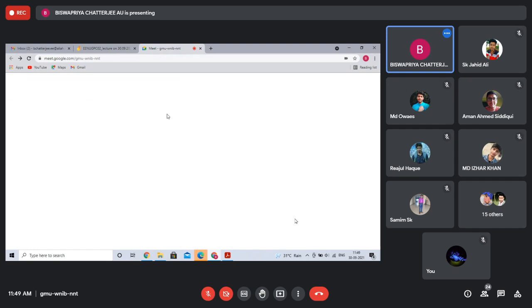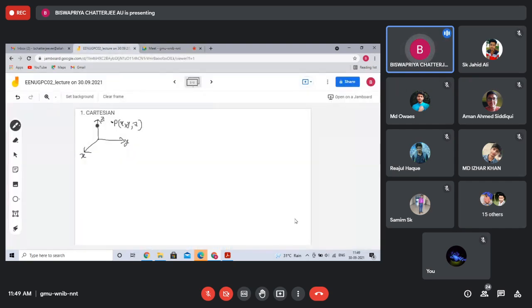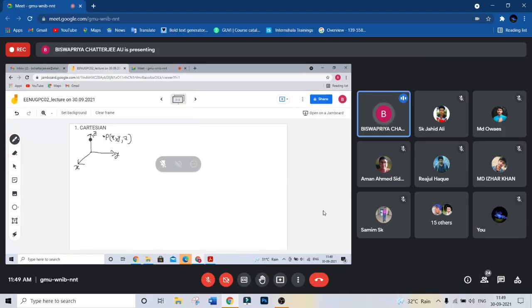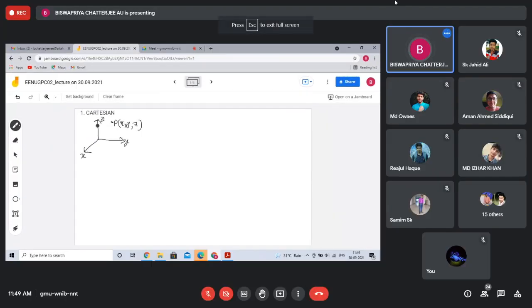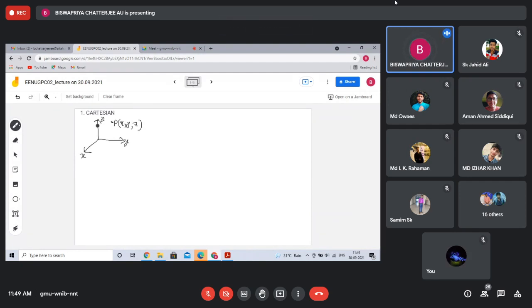So I repeat my statement. Differential line elements are the differential line segments along the respective directions, like x, y, z in the Cartesian system, like r, phi, z in the cylindrical system, and like r, theta, phi in the spherical system.